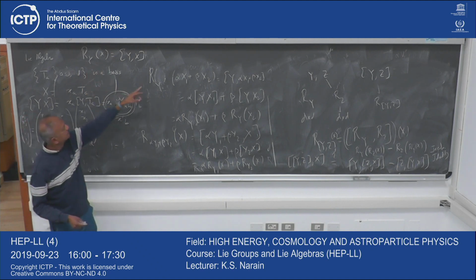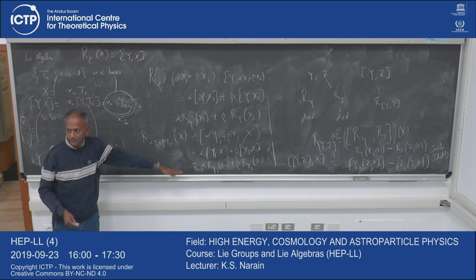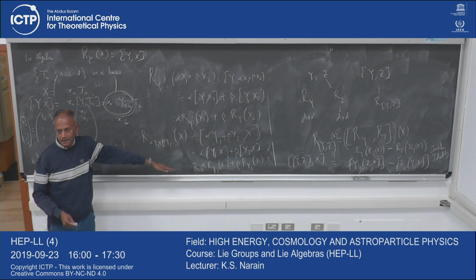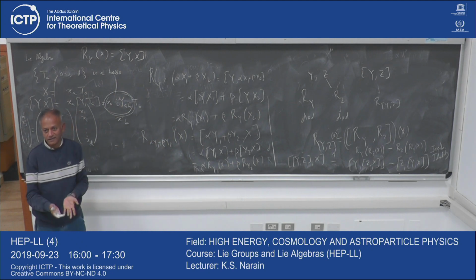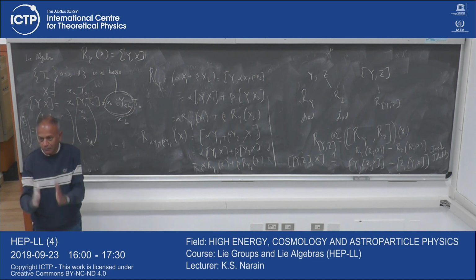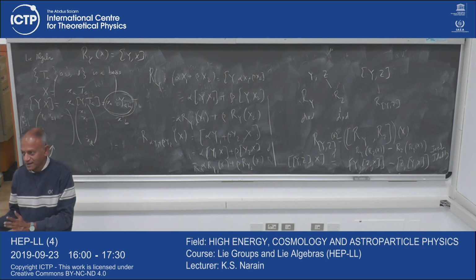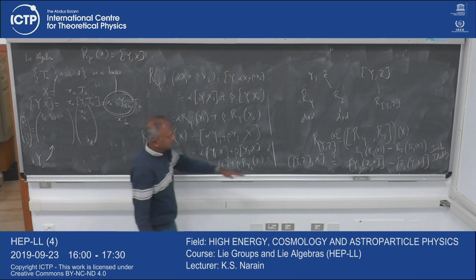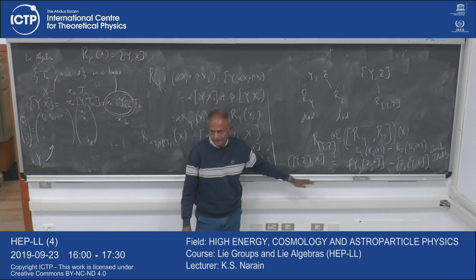Then we saw that this map is linear, it satisfies all the linearity properties. And finally, we need to check whether the commutator structure is also preserved. And that is automatically guaranteed if your Lie algebra satisfies the Jacobi identity. It's completely automatic.